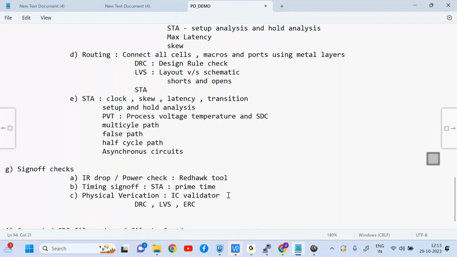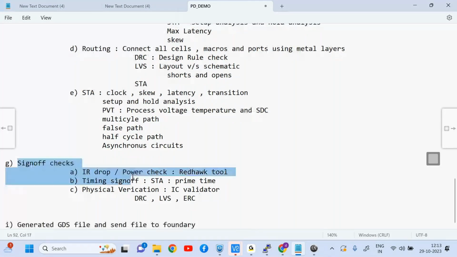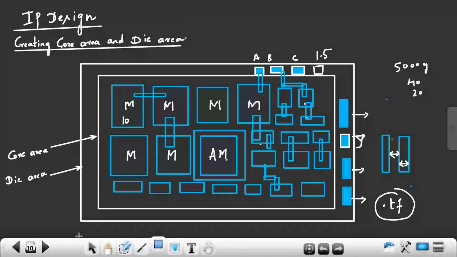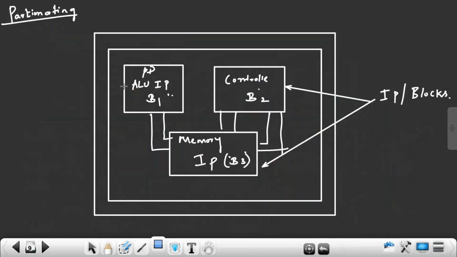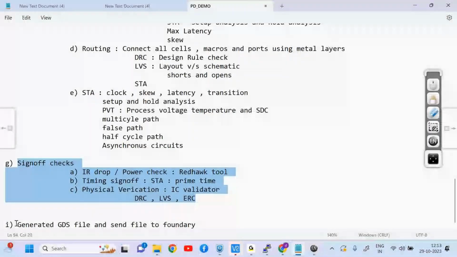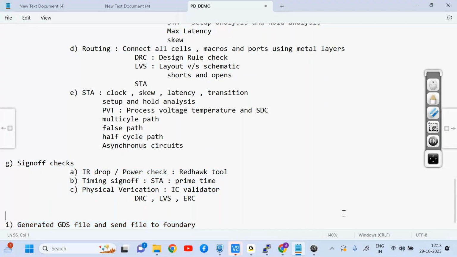When your block meets all these checks, when your IP block meets everything, then you can send it to the full chip level designer. The full chip level designer will integrate all the blocks. After integrating, he will generate the GDS file. Then he will forward this to the foundry.